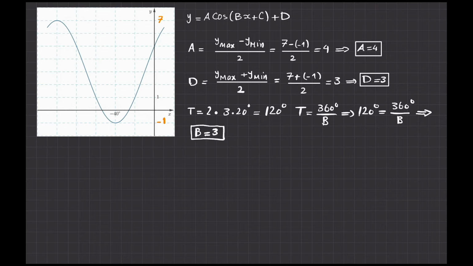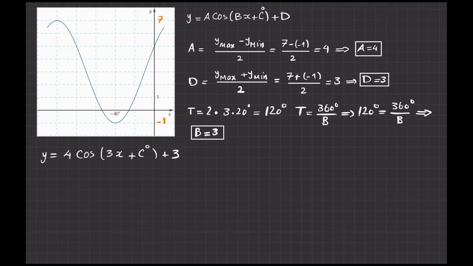Now, if you remember during the lesson, I told you that at this stage it might be a good idea to put these numbers you found so far in the problem and then try to find C. Okay, I forgot to put a degree sign on C here. So y becomes equal to A, which is 4, cosine B, which is 3, x, plus C in degrees, plus D, which is in this case again 3.